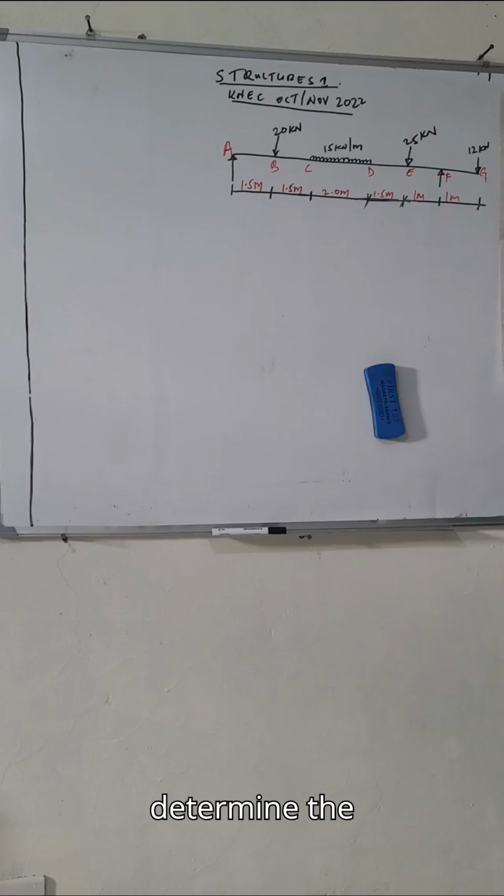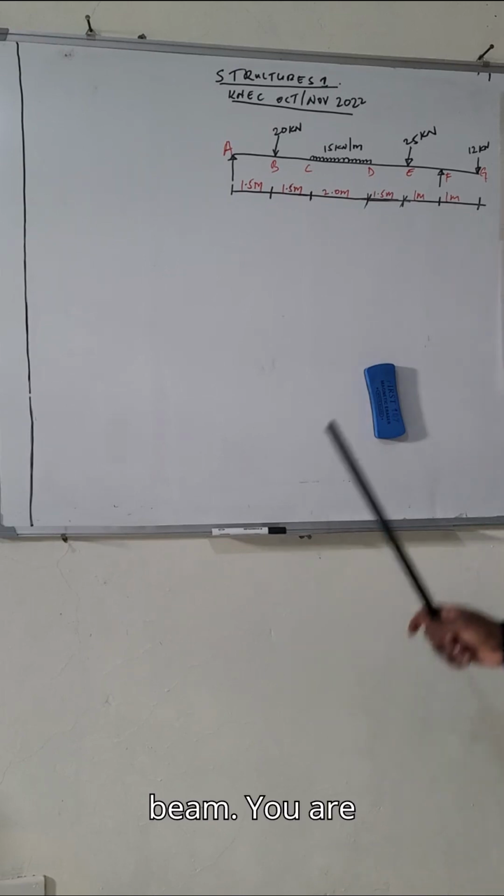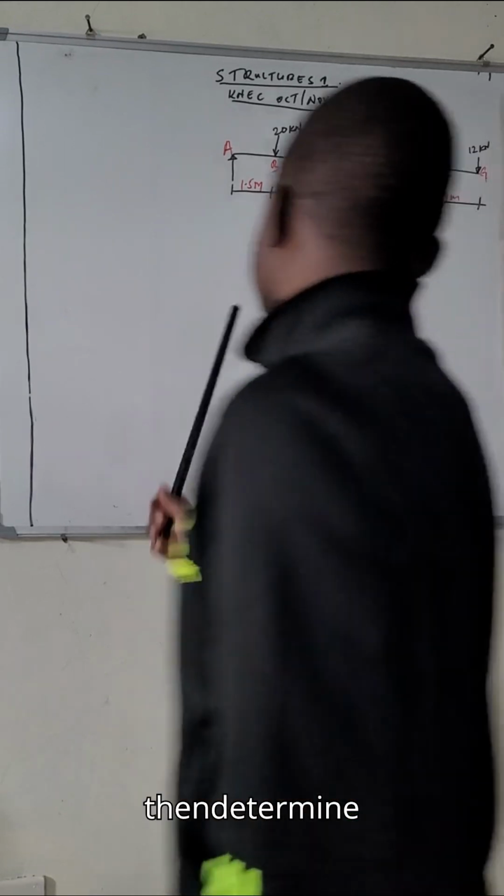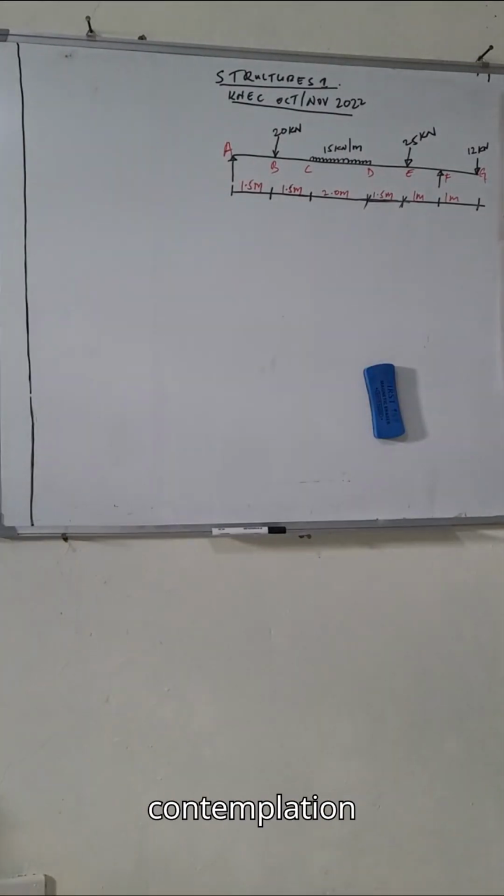B. Determine the point of contraflexure, if any, for the beam in 1A. So this is the beam. You are supposed to draw the shear force and the bending moment diagram and then determine the point of contraflexure from either side.